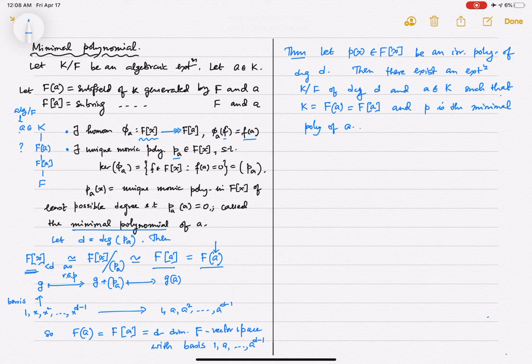In fact, you can take K equal to that guy, right? And furthermore, such an extension is actually unique.